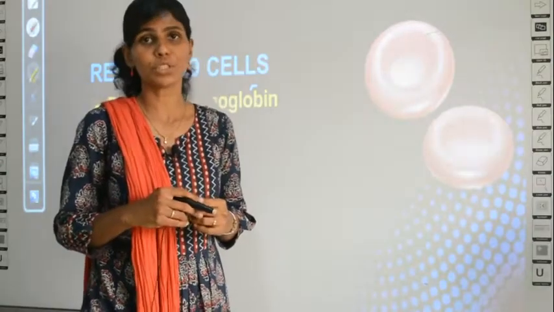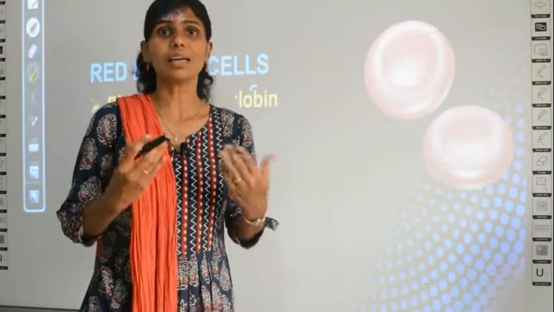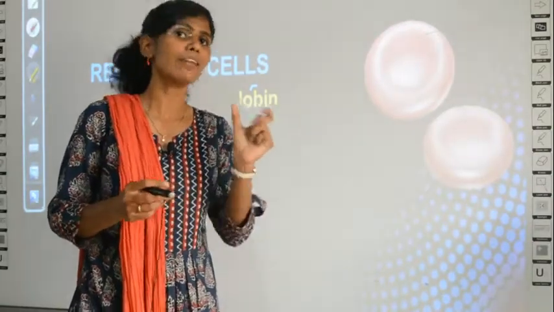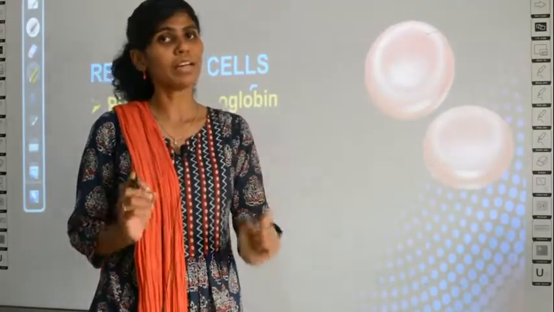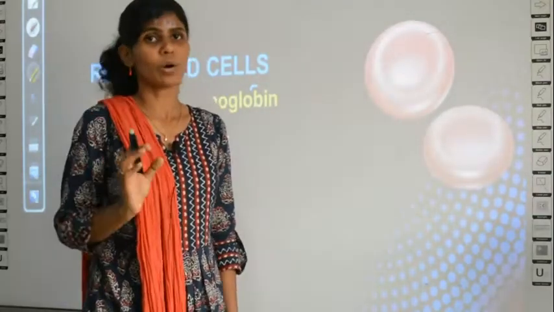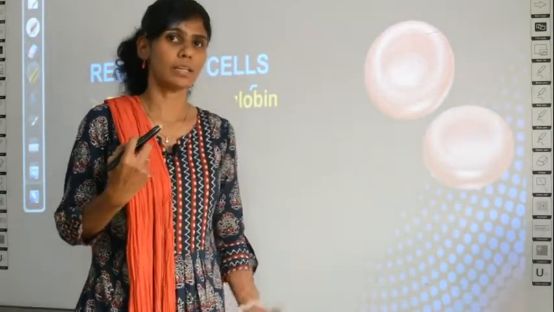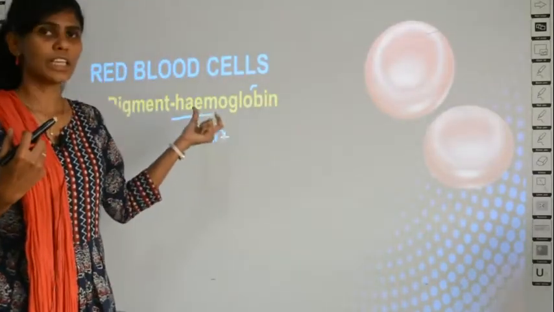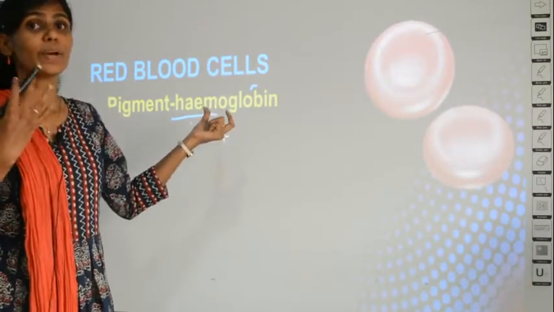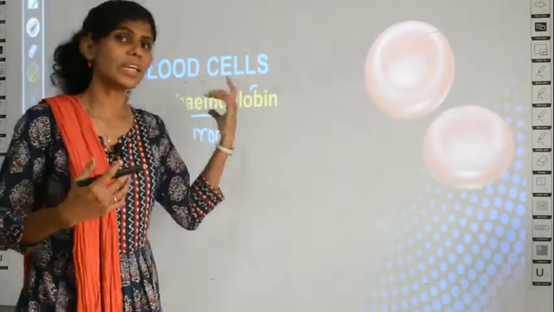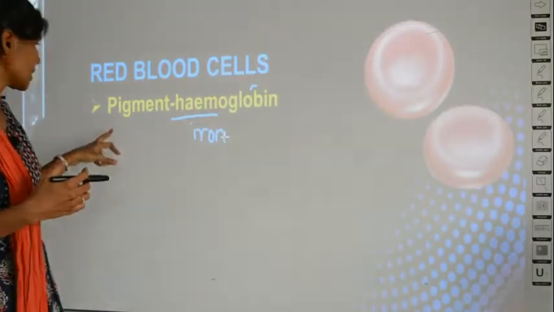More than 90% of cells do not have any color, unless there is a green pigment called chlorophyll, in which case the plant or the cells where the pigment is present will appear green. Similarly, this pigment hemoglobin gives the red color to these red blood cells.